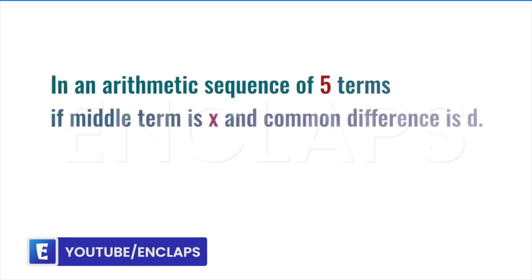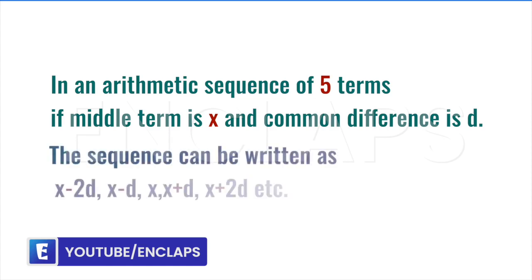In an arithmetic sequence of 5 terms, if the middle term is x and the common difference is d, the sequence can be written as x minus 2d, x minus d, x, x plus d and x plus 2d, where the common difference is d and the middle term is x.